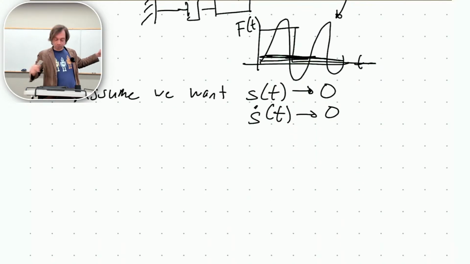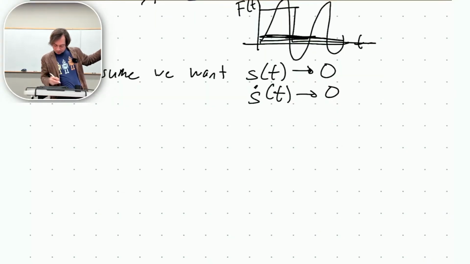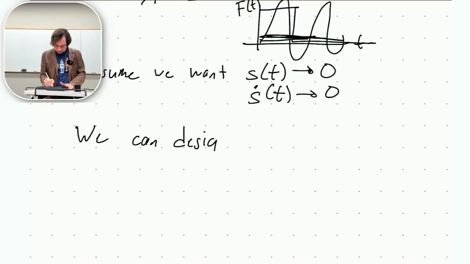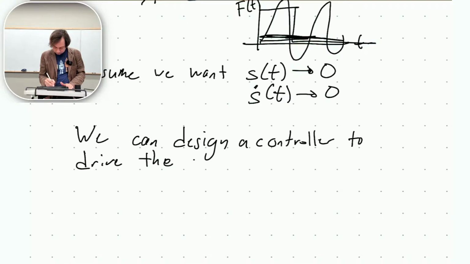All right. So, okay. So we can design a controller to drive the system to our desired state.